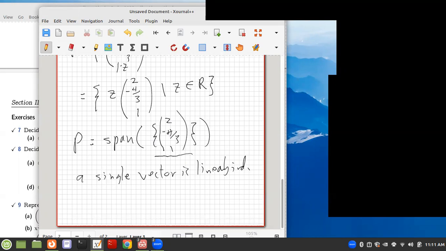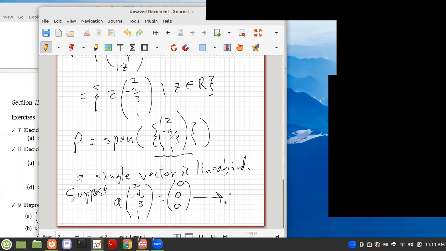The test is, suppose, and this is a little bit pedantic because it's sort of obvious, that A times (2, -4/3, 1) equals (0, 0, 0). Now, if this is linearly independent, this should imply that A equals 0. That's the linear independence test.